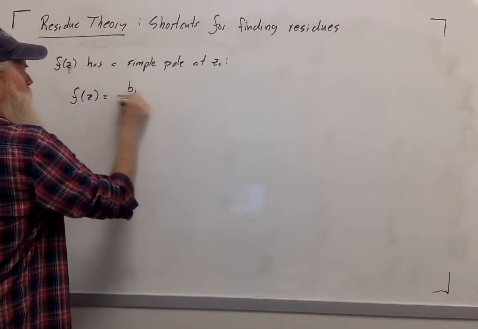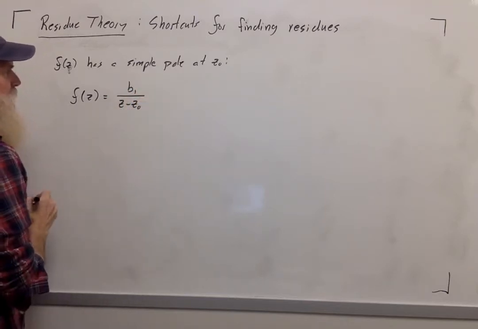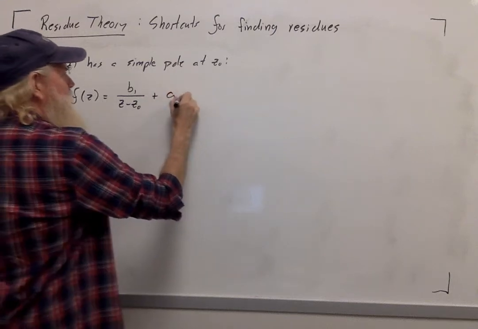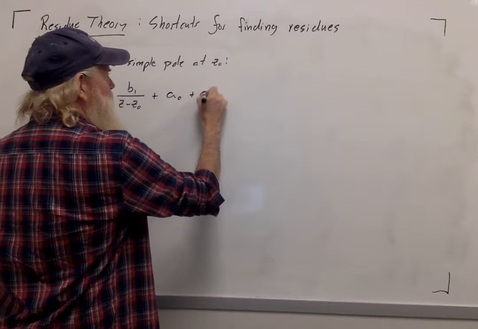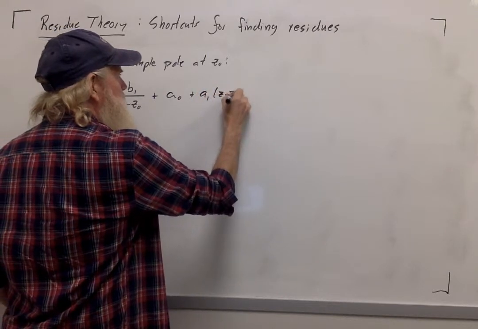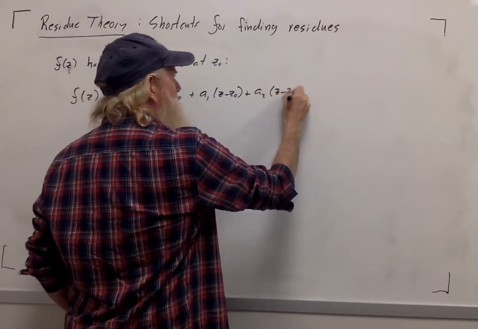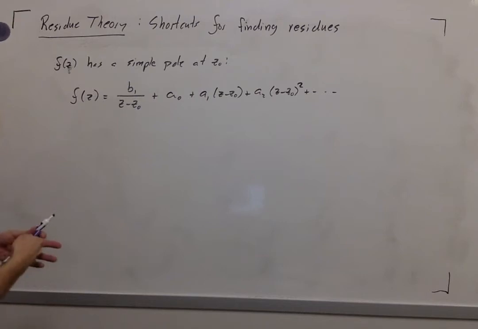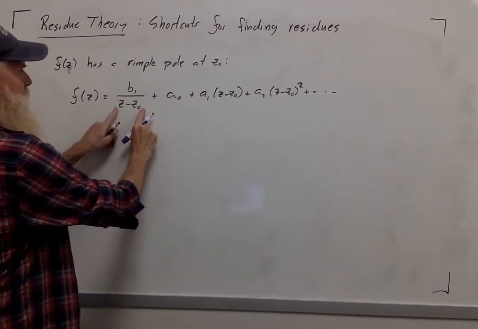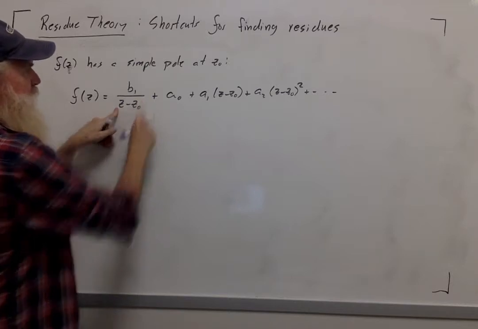With the simple pole, I just have one term on the left with z minus z naught on the bottom, and then I have a regular Taylor series over here to the right, and so forth. So remember, a simple pole is a pole of order 1, and that means that the biggest power of z minus z naught in the denominator is just the first power.